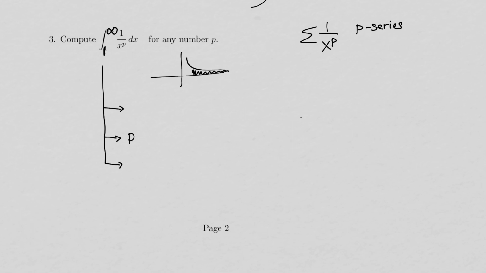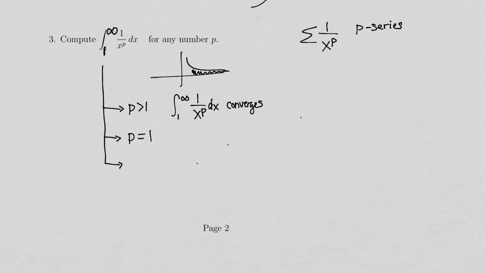If p is bigger than 1, then this integral, we discovered, converges. We might even theorize that it converges to 1 over p minus 1, but I'm not going to do that because we didn't do enough to get to that. But anytime p is bigger than 1, this converges.